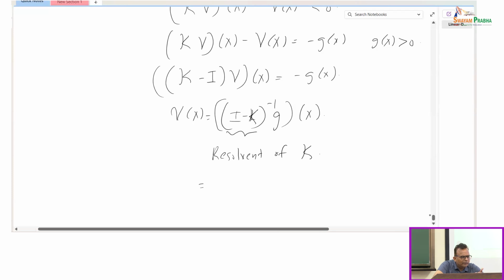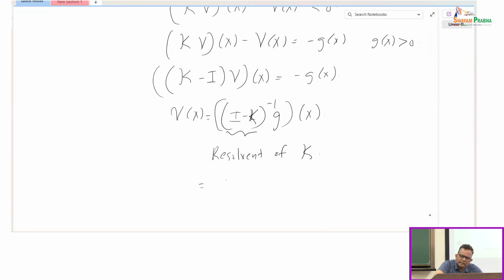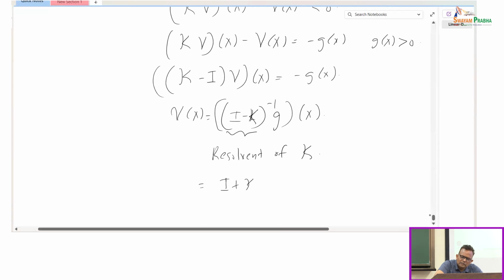Now, what is the resolvent? You have seen this in the geometric series. This is nothing but I plus kappa plus kappa squared, and so on, times G of x.